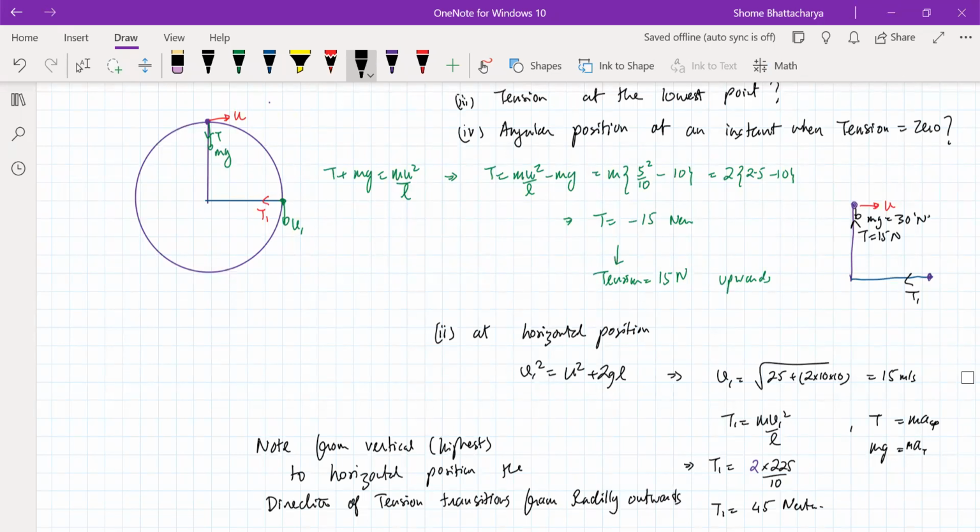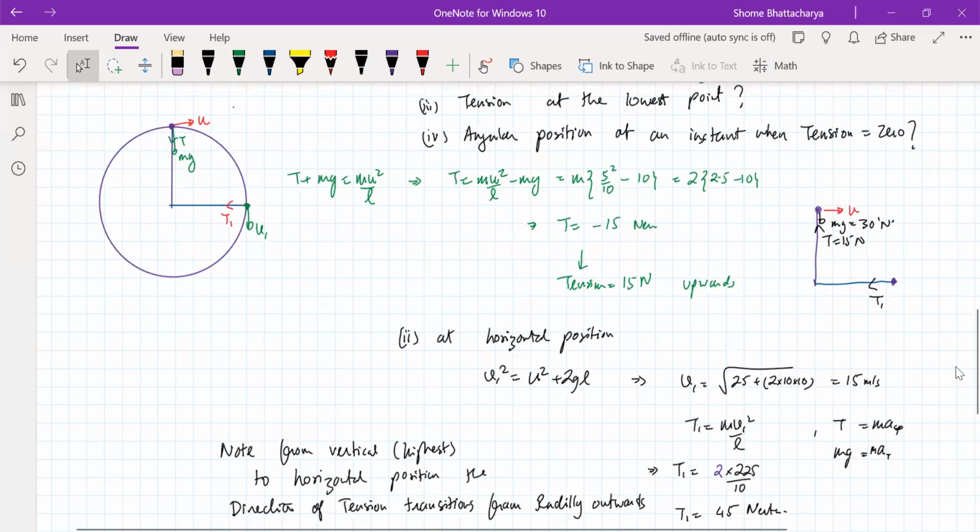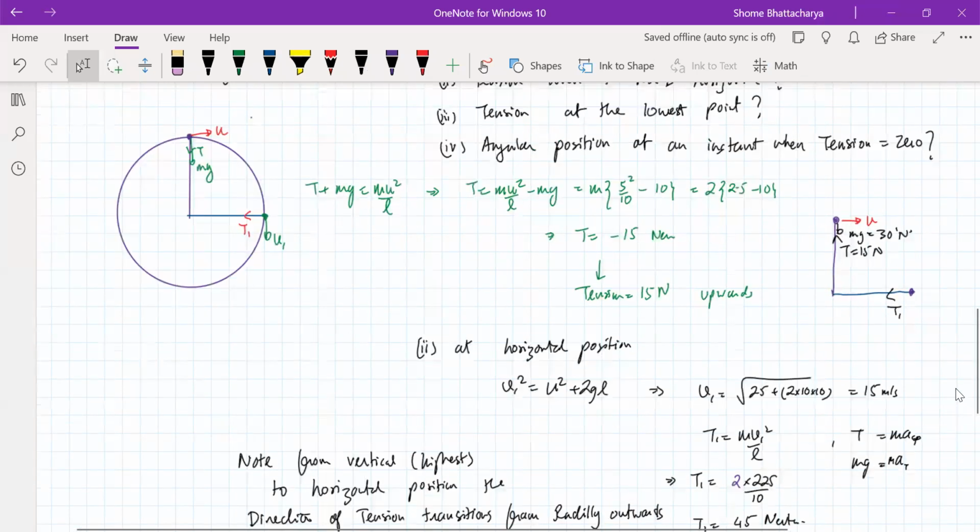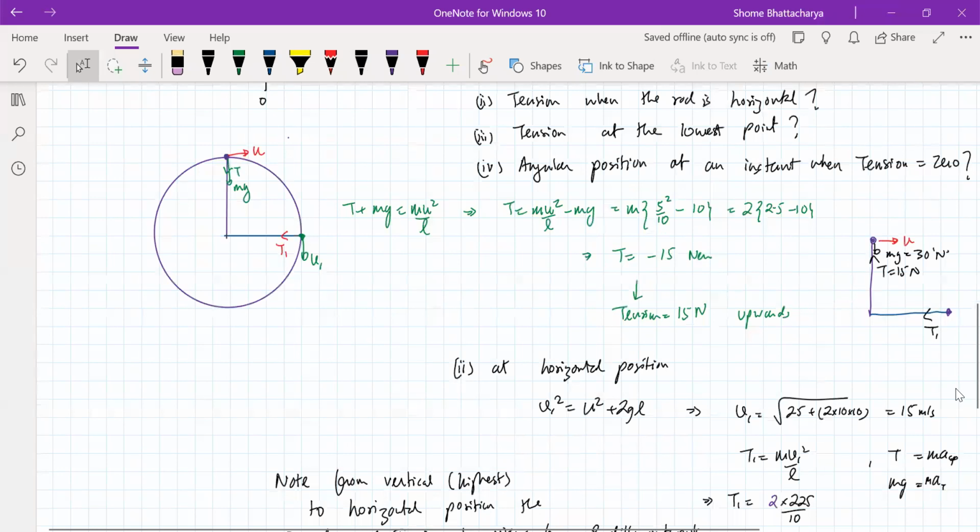So that is why you know that there will be some particular point where the tension will become 0 for an instant as it is transitioning. So that's how the last part of the question will make sense, and we can find out the angle at which that happens.